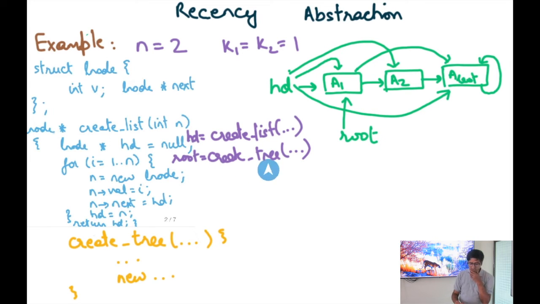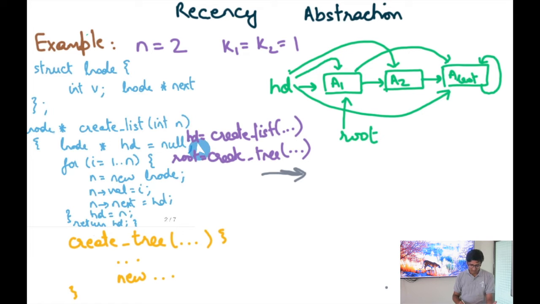Now, because create tree may create any number of allocations, and we cannot predict at compile time how many allocations it may make, at the end of this program it's not clear whether head is pointing to the most recent allocation, or the second most recent allocation, or older allocations.